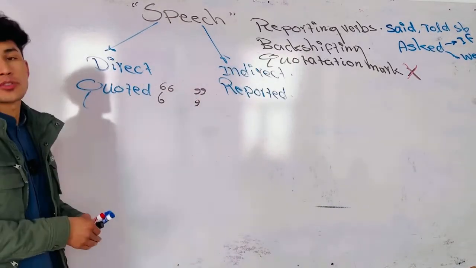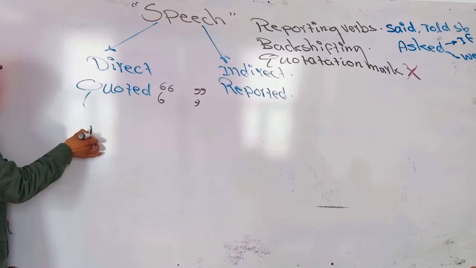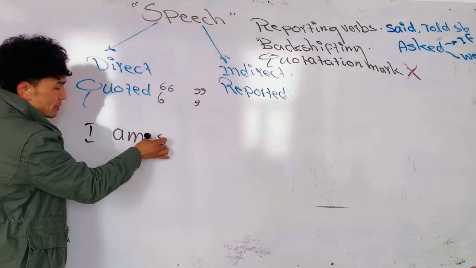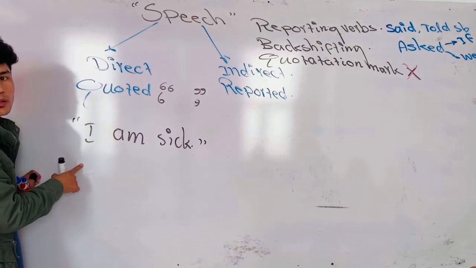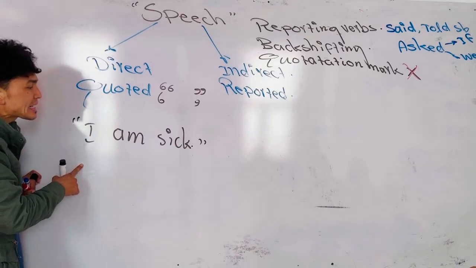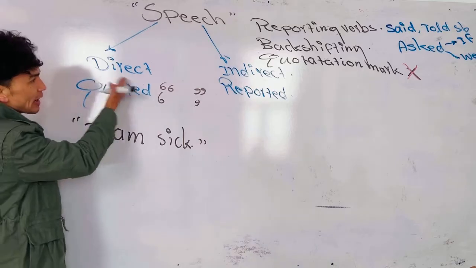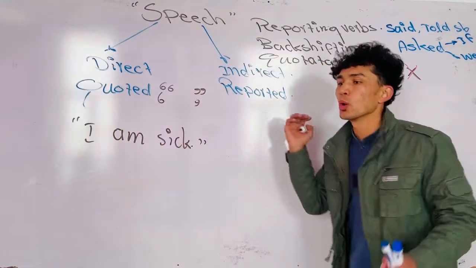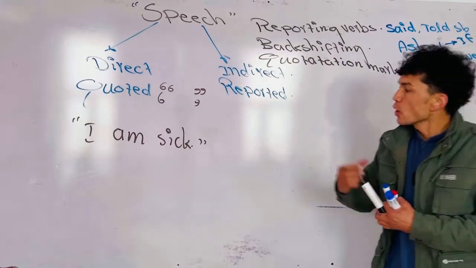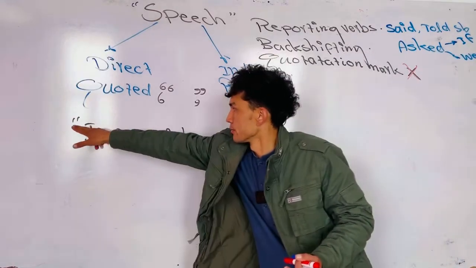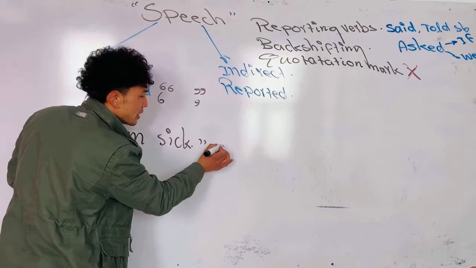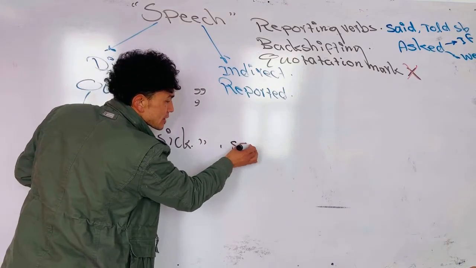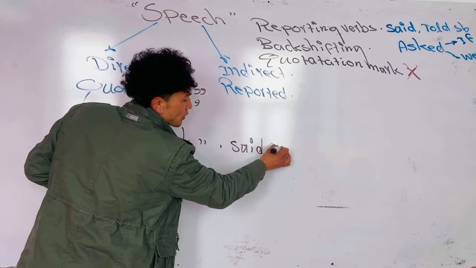Okay. Now somebody says, hey, I am sick. I am sick. This is what? Is this reported or not? Quoted speech. How do you know this? Quotation mark. Who said, I am sick? Said John, for example.